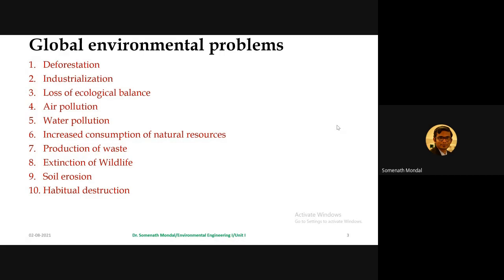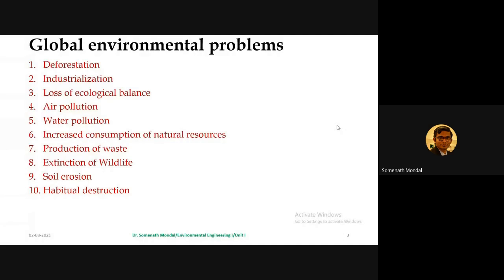We have come to a point where we don't have any time, and we cannot go back. So from this point onwards, we need to rethink before we do any activity how it is going to impact the environment. That should be the major priority before we start any civil engineering project.